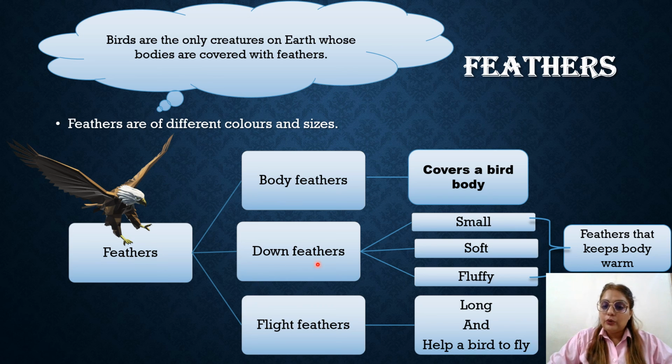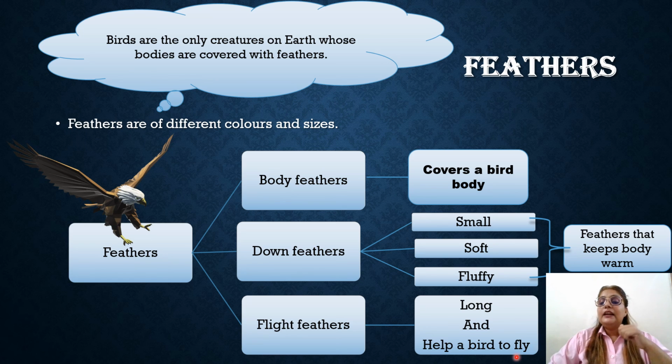Now, what are down feathers? They are very small, soft and fluffy, and feathers that keeps the body warm. Down feathers are mostly very small. They are very soft and fluffy, and they keep the body warm. Fine. And third one is flight feather. What are flight feather? They are very long and help a bird to fly.